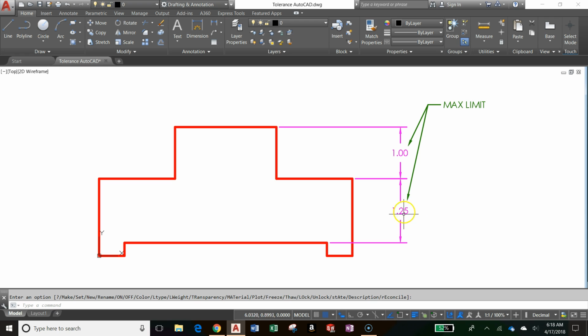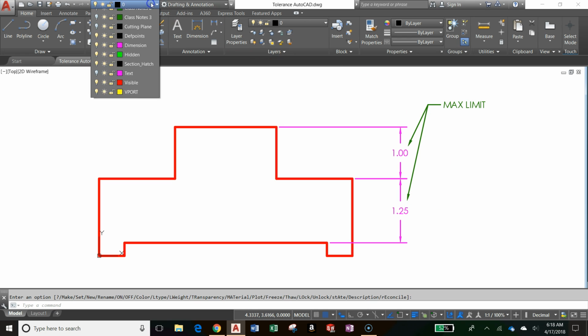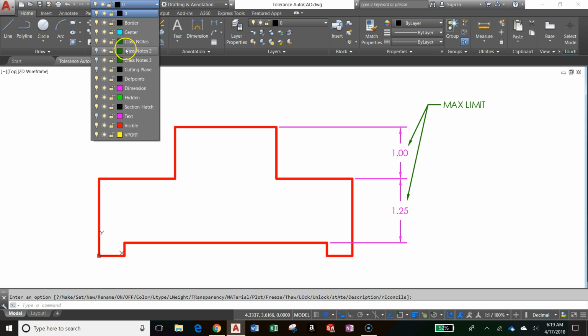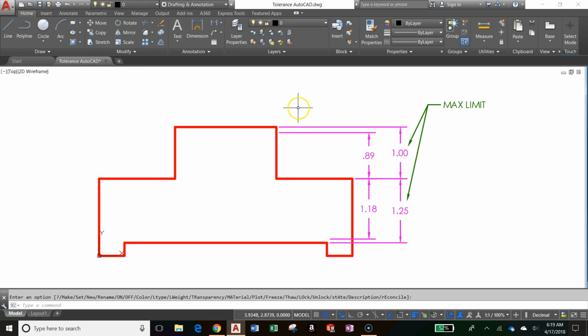And this 1.25 is going to represent the maximum limit of this size right here. And now let's say we want to allow a minimum for both of these dimensions. The minimum for the 1 is 0.89 right here, and the minimum for the 1.25 is 1.18 right here.